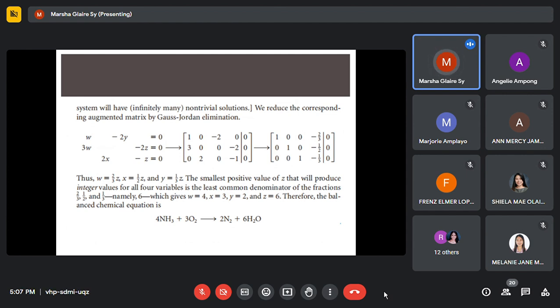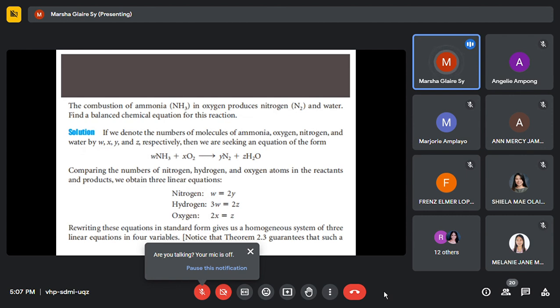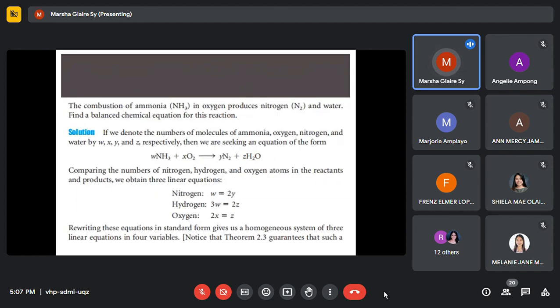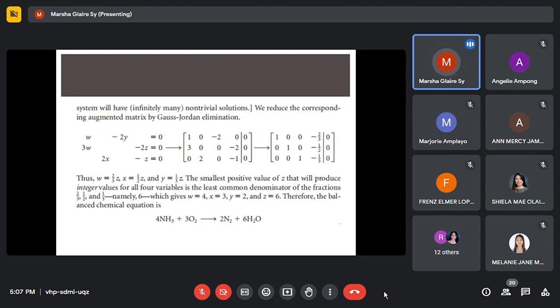It's because earlier our equation was this one: we have nitrogen and hydrogen, nitrogen is 1, hydrogen is 3, and our oxygen right here on this part for W is 0. So we have here 1, 3, 0.